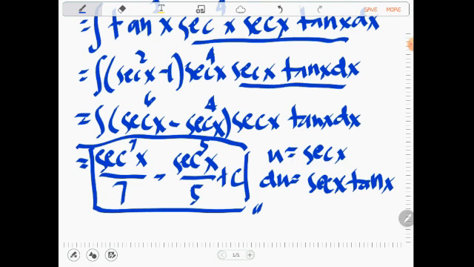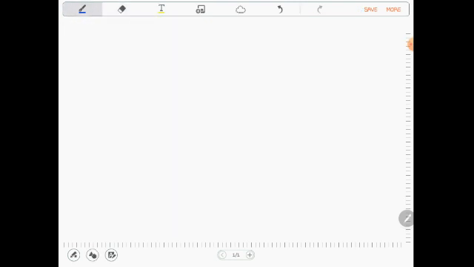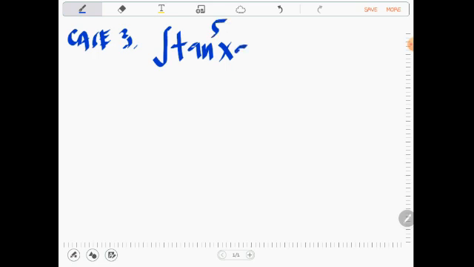Yung case number 3, ito yung last. Case number 3. When m is a positive odd or even integer and n is 0, kapag merong 0. So, ayan, basahin nyo na lang yung nandyan sa module. So, sa case number 3 example, we have the integral of tangent of x raised to 5 dx.